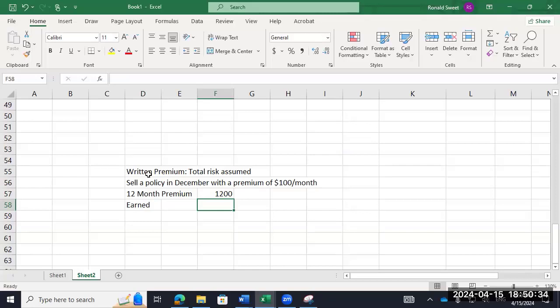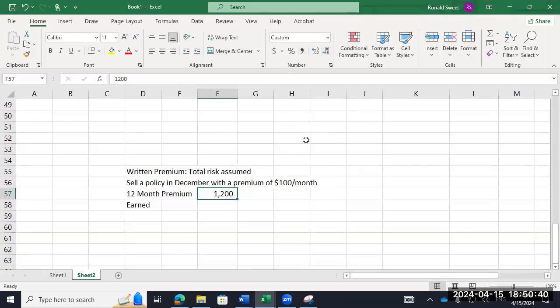Let's say you sold this policy December 1st, but you're not collecting money until January. Well, it's not about collecting money. You wrote the policy, so we're ignoring whether they paid us or not. You wrote a 12-month policy, but only 1 month has gone by. So what's your earned premium? $100? $100.